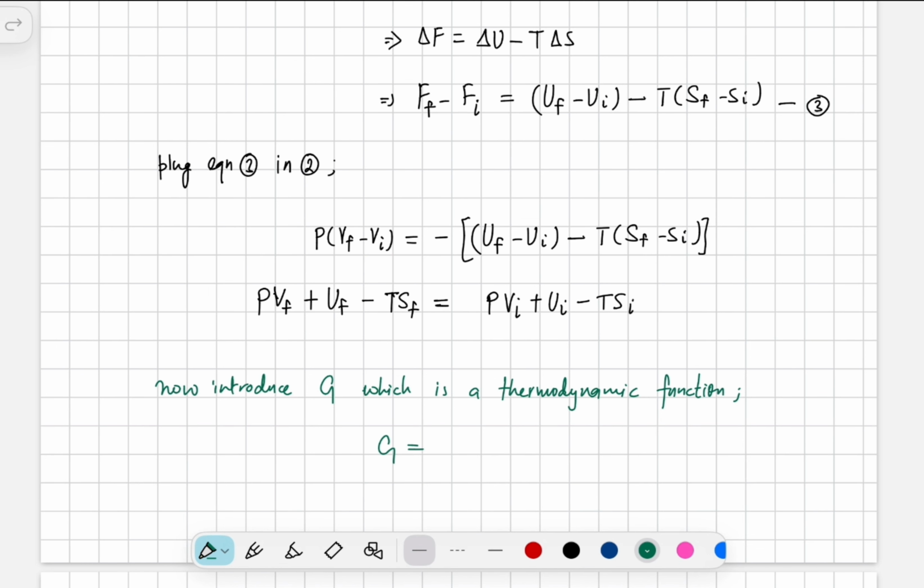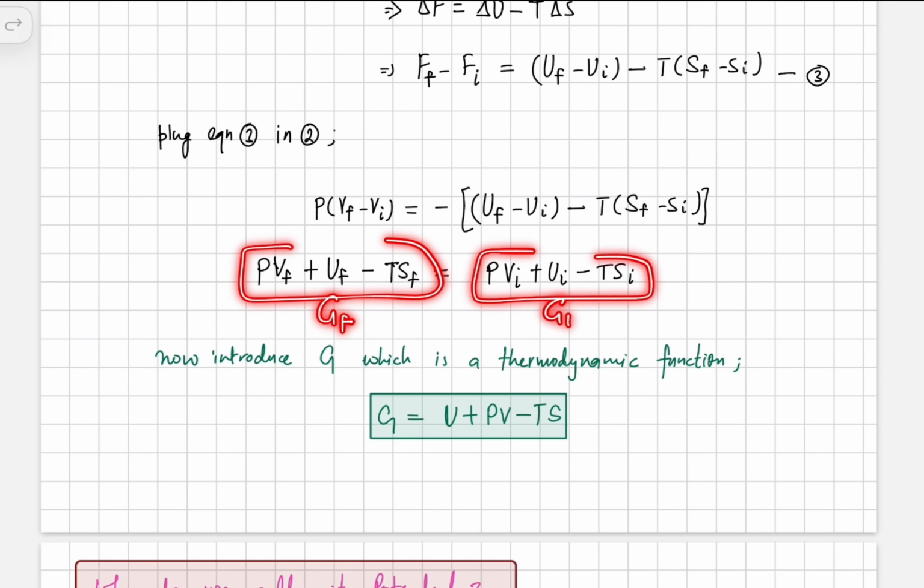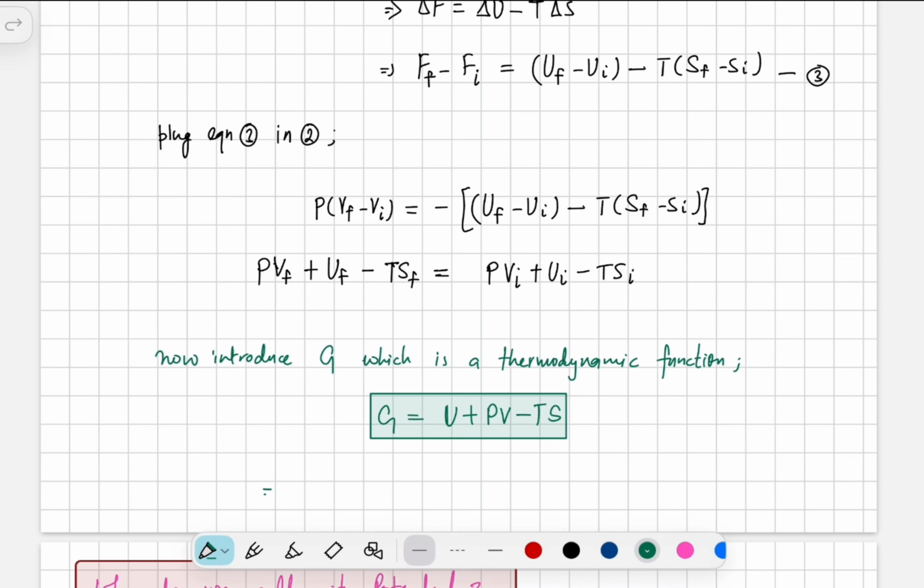So G equals U plus PV minus TS, right? So if you see, this thing is nothing but G at final, and this is nothing but G at initial. It implies that G final is equal to G initial.